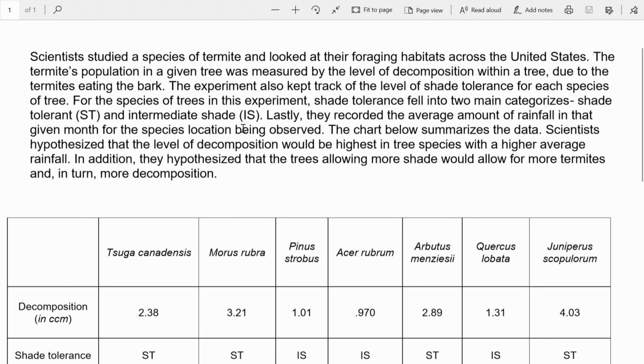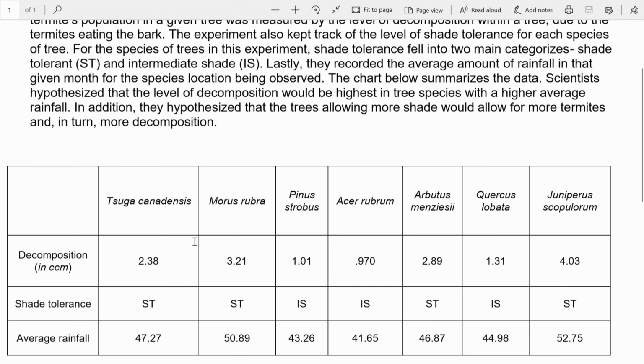For the species of trees in this experiment, shade tolerance fell into two main categories: shade tolerant, denoted ST, and intermediate shade, denoted IS. Lastly, they recorded the average amount of rainfall in that given month for the species location being observed. The chart below summarizes the data.